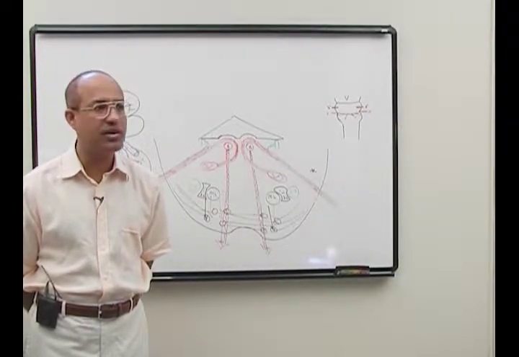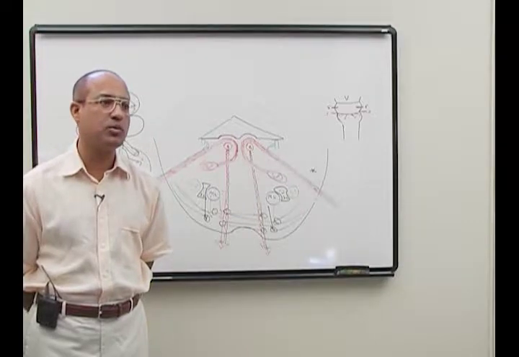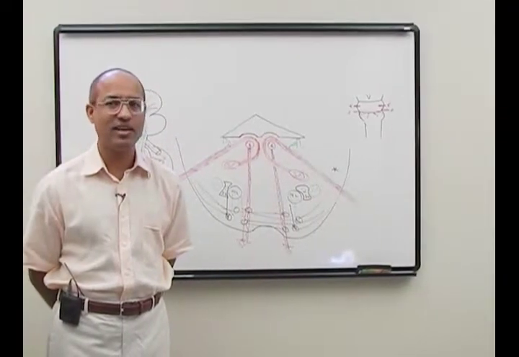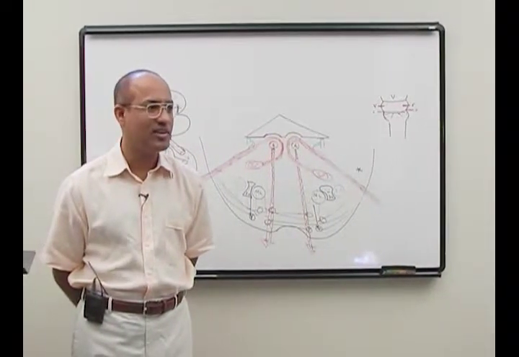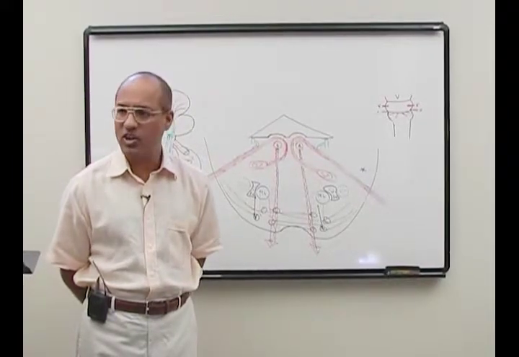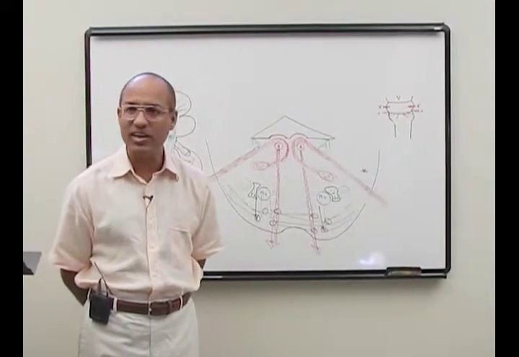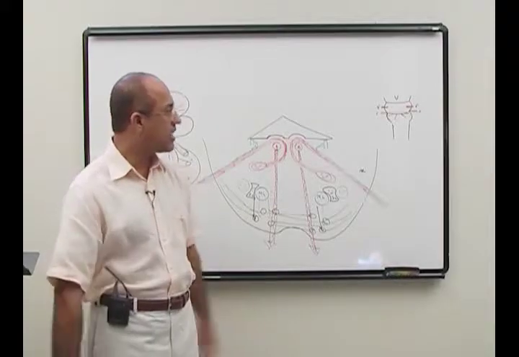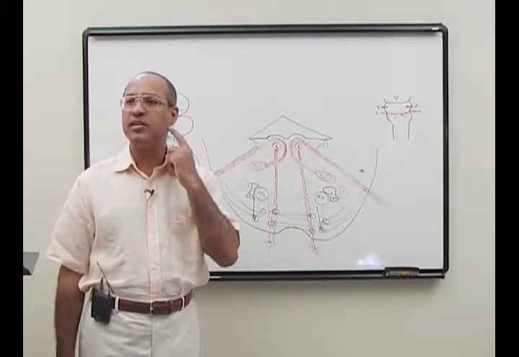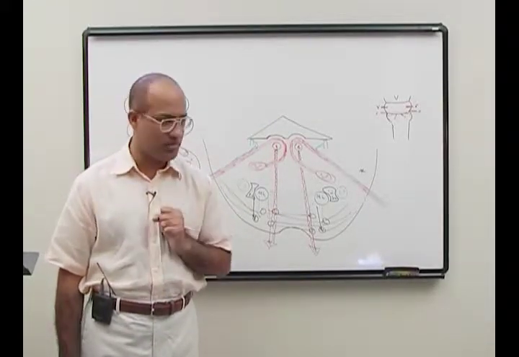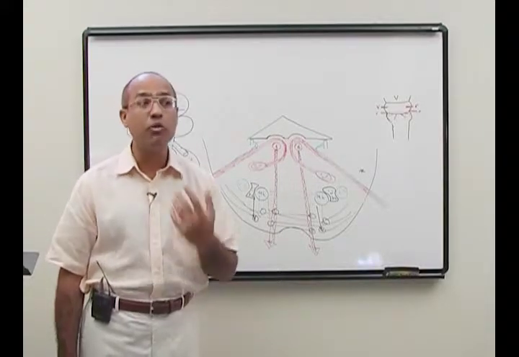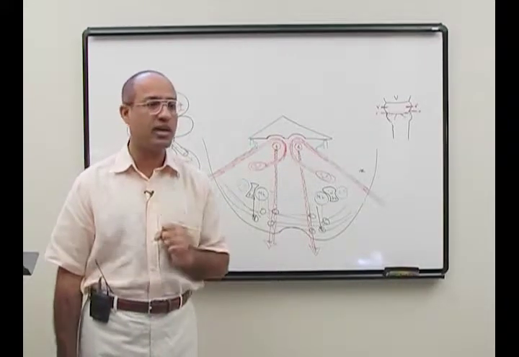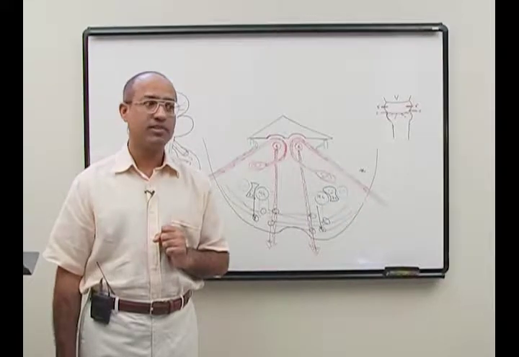Those parasympathetic fibers are going to, yes, lacrimation. So there are parasympathetic fibers going to the lacrimatory system through the facial nerve, and also parasympathetic fibers going through the facial nerve for salivation.